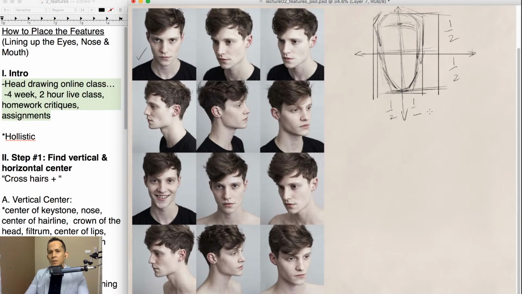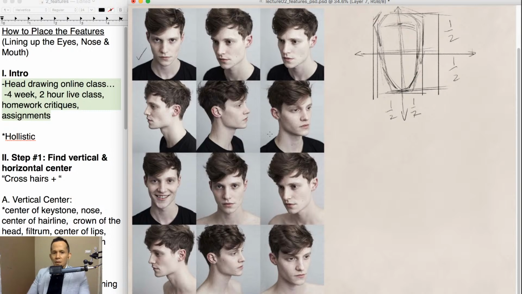So it's really important that we find vertical and horizontal center for many reasons. In a lot of ways, it's the building block of the next logical progression of 2D, which is the 3D, right? Once we can draw a flat looking thing, once we have the outer shape, if we want it to start to round and model and eventually turn the head, that's what we want to do too. We want to be able to turn the head effectively and still have likeness and realism. We need to find vertical and horizontal centers. So how do we do that?